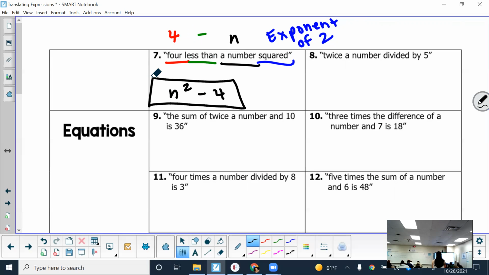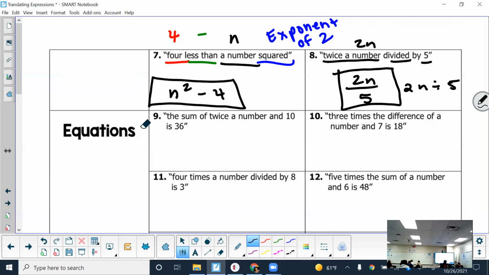Any questions there? All right, what about twice a number divided by 5? Good, and then it's divided by 5. So 2n over 5, or you can write it as 2n divided by 5, same thing. Good, any questions?